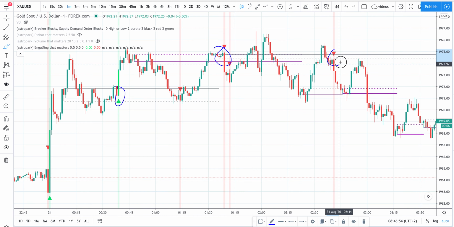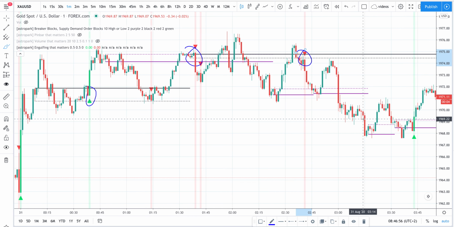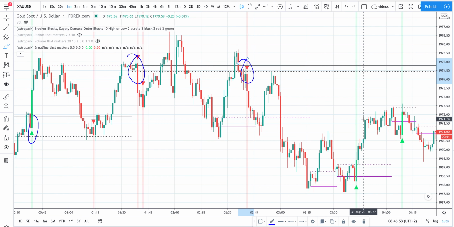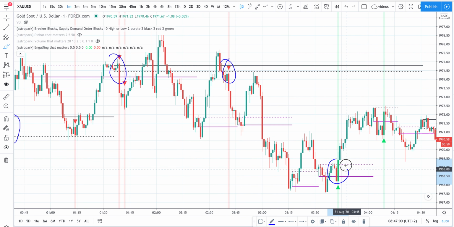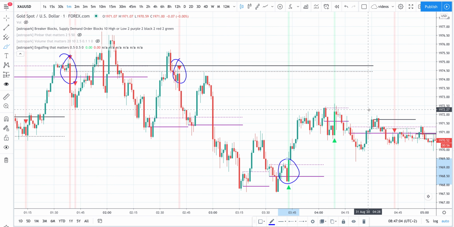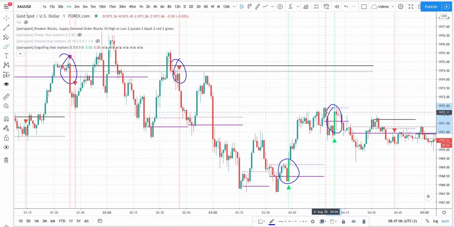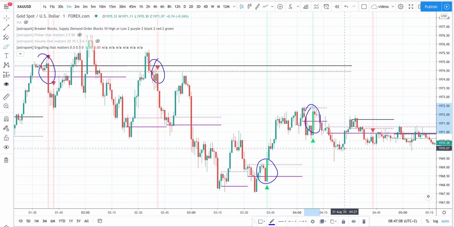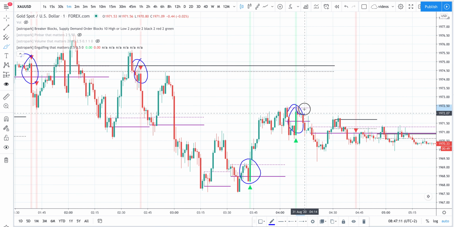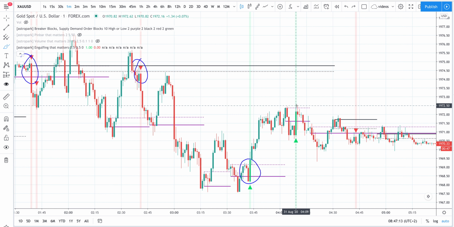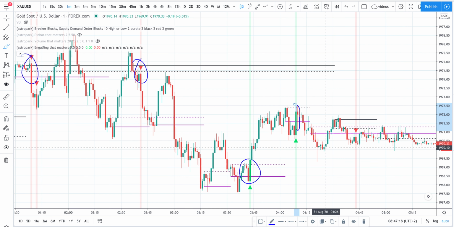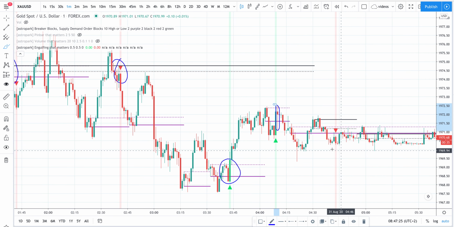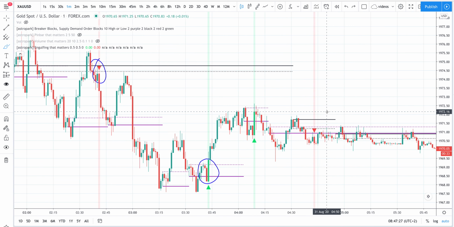Here again you short, so you can play confluences here long. This long did not go well, but okay, you see here that there was a reaction, not the perfect one that you want to see.